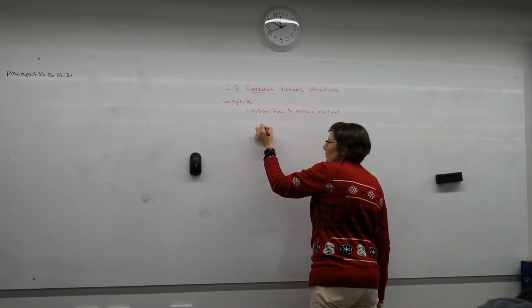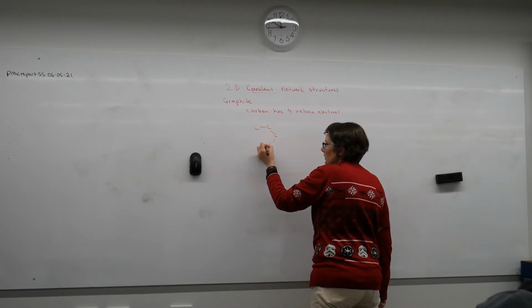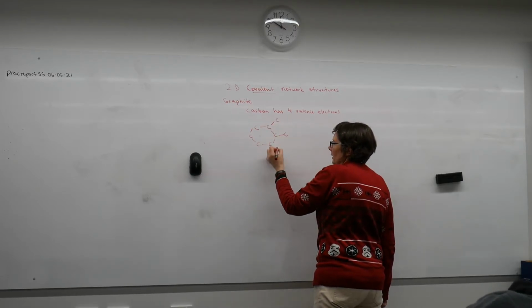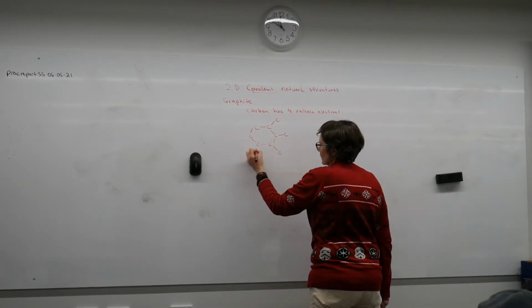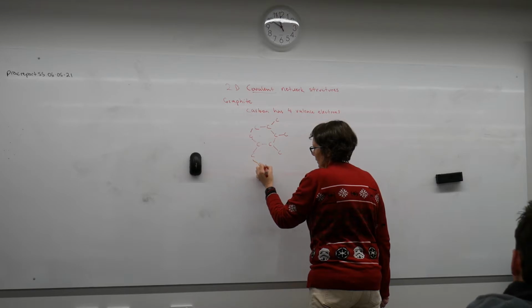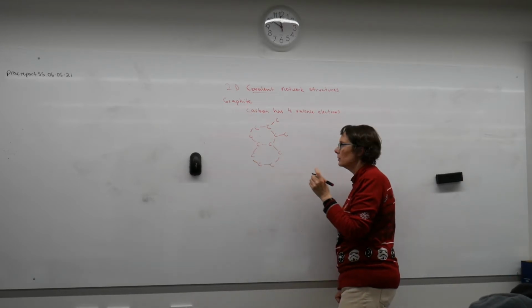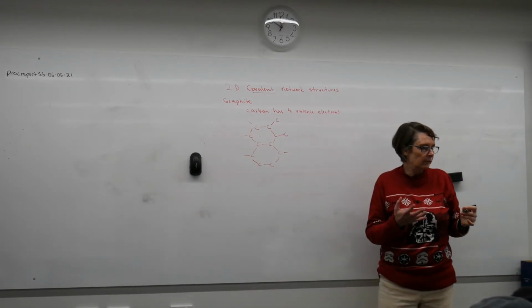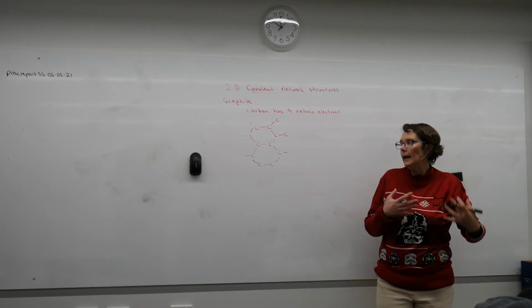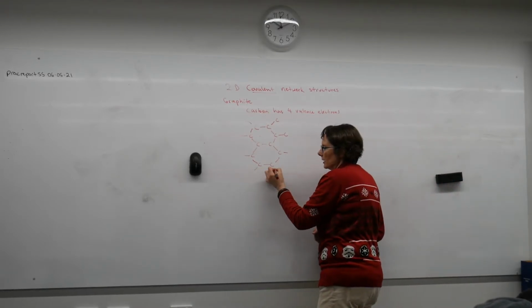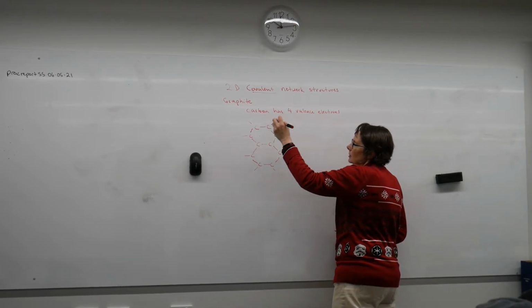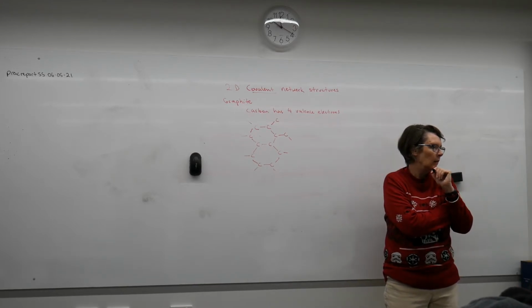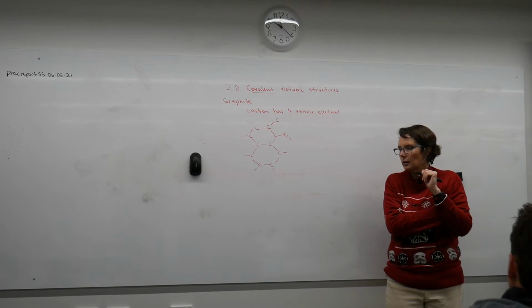So if we look at what happens in graphite, what we end up with is a sort of hexagonal arrangement. So each carbon must have 4 bonds, and we are joining them together in a hexagonal shape. So what can you tell me about what's wrong with that? It's only got 3 bonds.